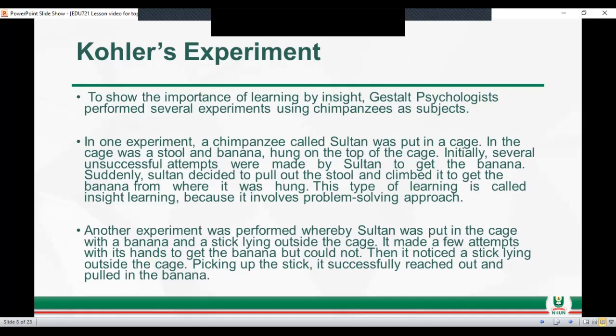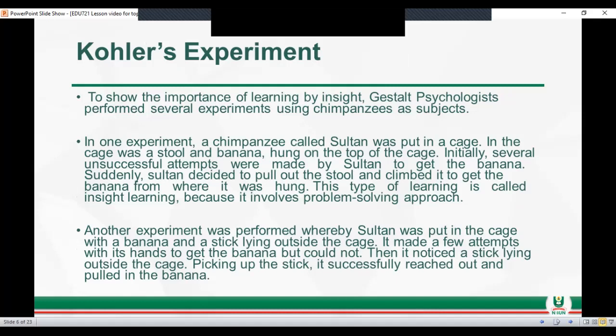So let's look at the experiments which they conducted to show the importance of learning by insight. As a matter of fact, they conducted several experiments. In one of those experiments, a chimpanzee called Sultan was put in a cage.